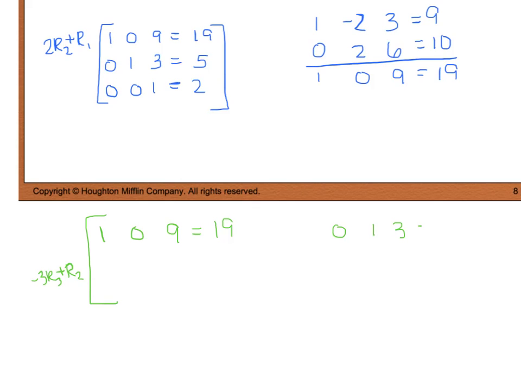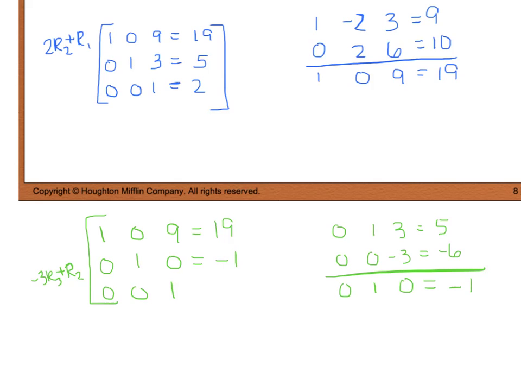Then I have 0, 0, negative 3 equals a negative 6. So when I add these together, I have 0, 1, 0 equals a negative 1. So I'm going to write that row in right here. So 0, 1, 0 equals a negative 1. And my third row was already 0, 0, 1 equals 2.